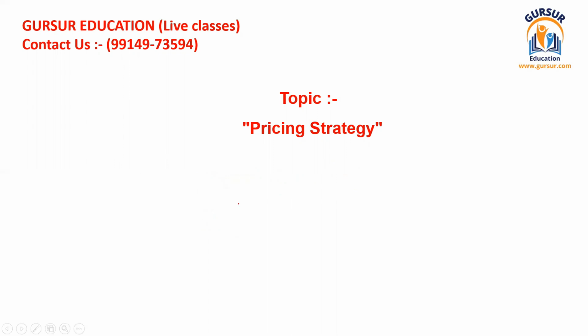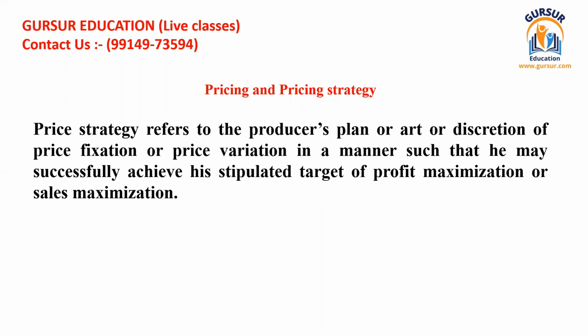Now going further, I am going to tell you what we mean by pricing strategy. Pricing strategy refers to the producer's plan or art or discretion of price fixation or price variation in a manner such that he may successfully reach the stipulated targets of profit maximization and sales maximization. So it is all about that.